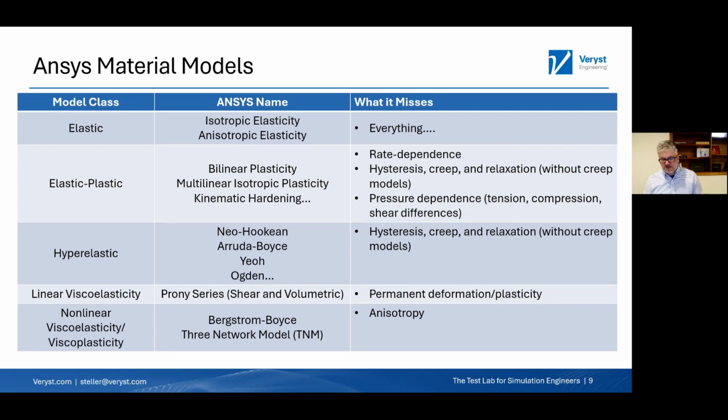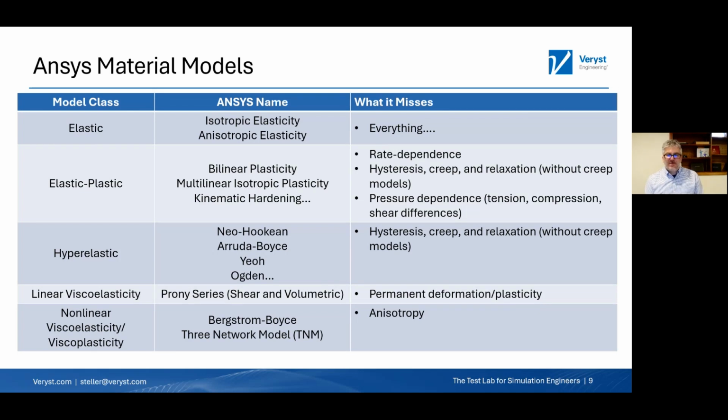Again, you can add some rate dependent options. I think that starts to be a lot of work for not a lot of gain, and I'd rather use some of the other models that we'll talk about today. And you also miss any of that pressure dependence. This is also going to be very poor at anything like an elastomer, a rubber, a foam. They are just going to predict the wrong thing when you get any sort of unloading, so I don't recommend it at all.